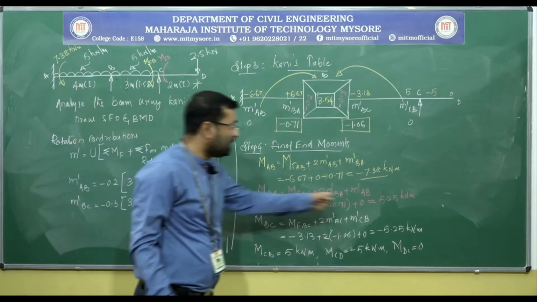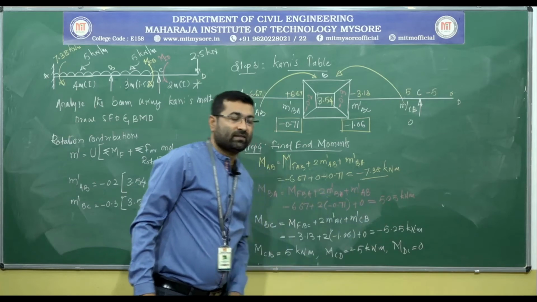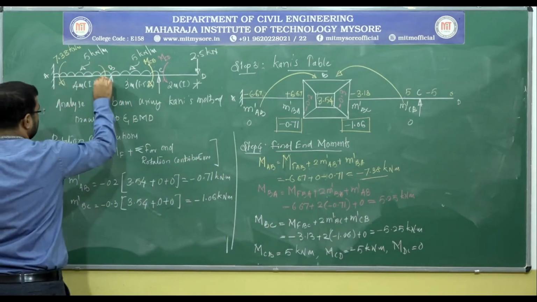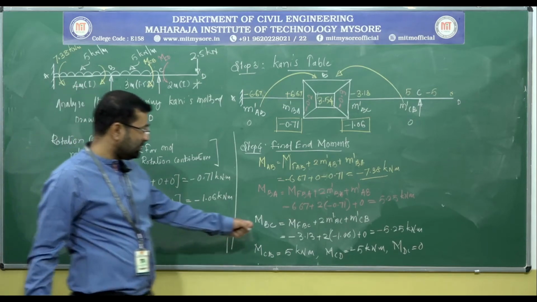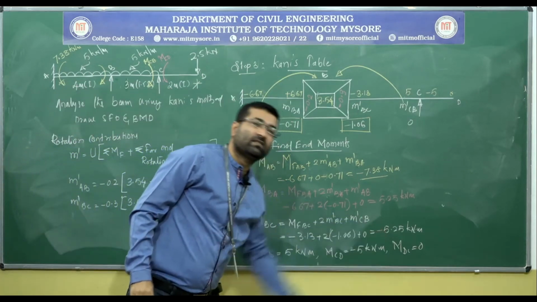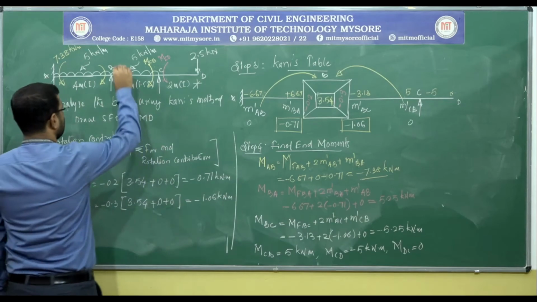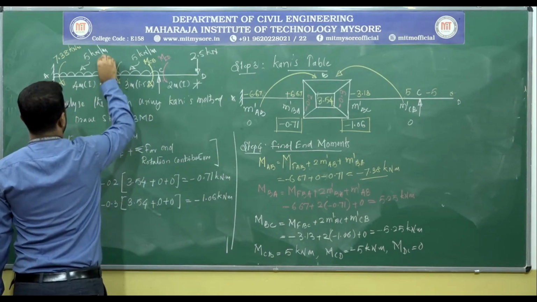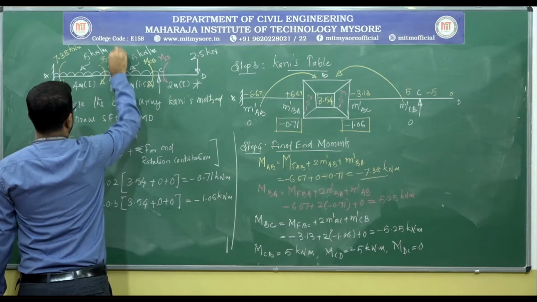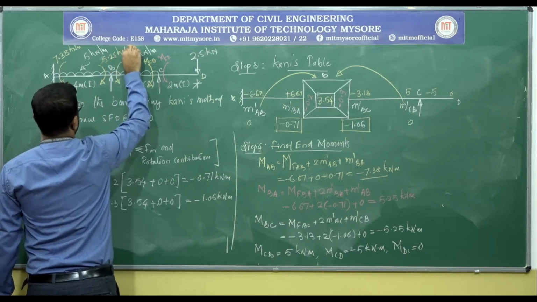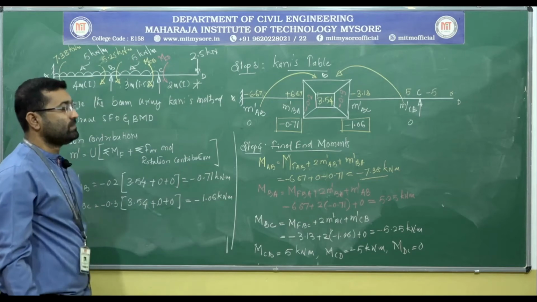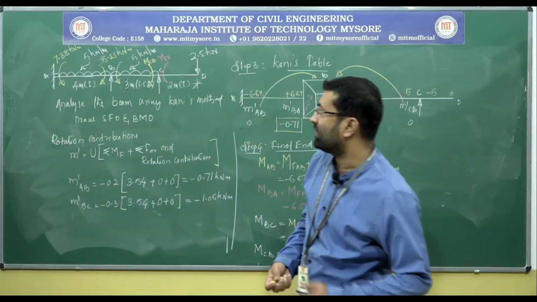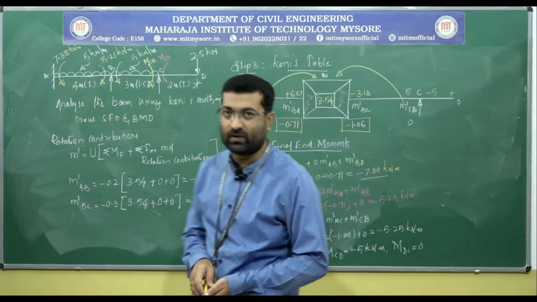At B we have plus 5.25 kilonewton meter, where plus indicates clockwise, and at BC we have minus 5.25 kilonewton meter, where minus indicates anticlockwise. So here it is 5.25 kilonewton meter is the moment. Next we need to use these values for the further calculations.